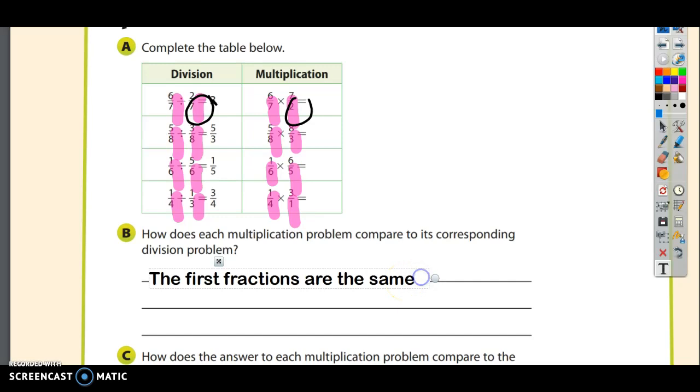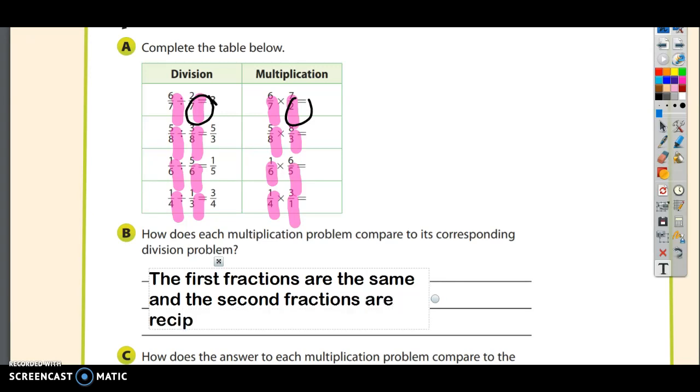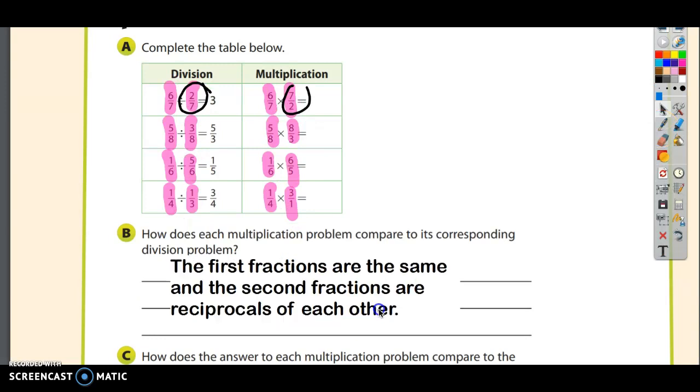The first fractions are the same, and the second fractions are reciprocals of each other. That's really all question B was asking. They wanted you to notice that the first fractions are the same and the second fractions are reciprocals of each other.